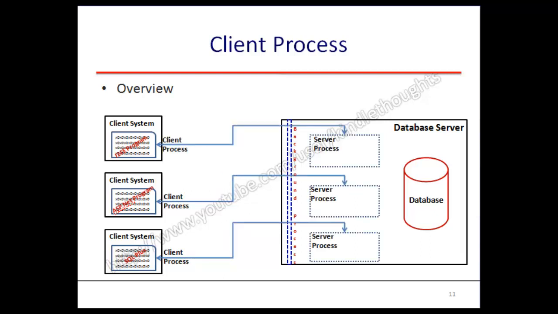There would be a client process which is spawned when you try to connect to the database, and to handle your requirement there would be a server process that is created on the database server side, and this server process would interact with the database and service the requests of all the client processes. That is something that you're seeing in your slide right now.